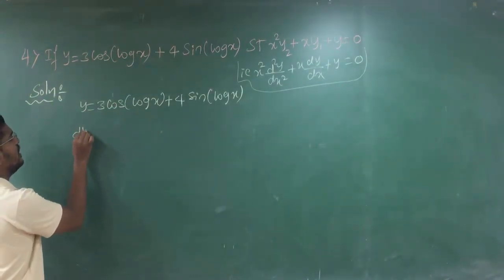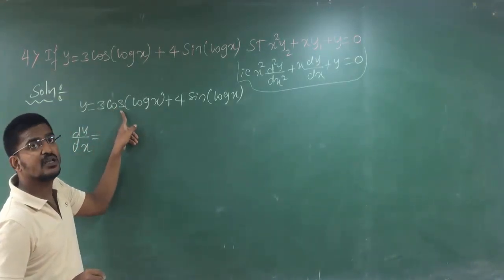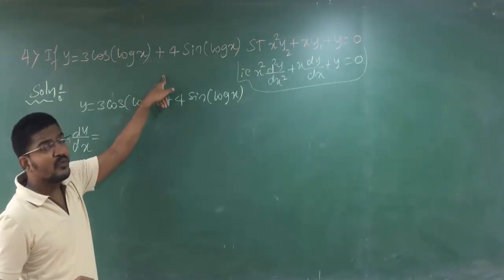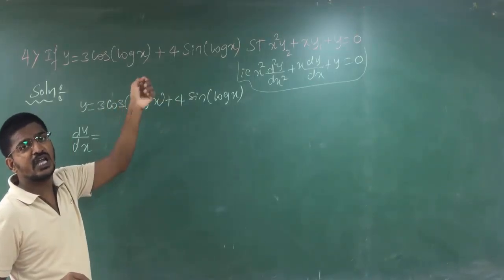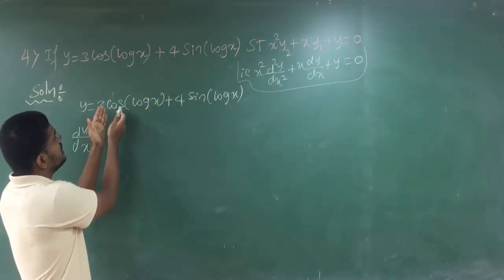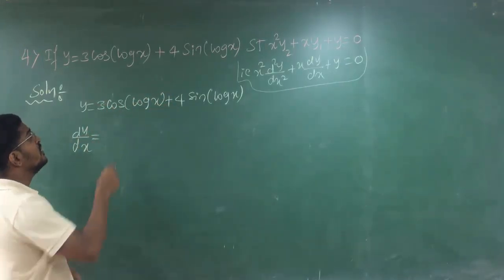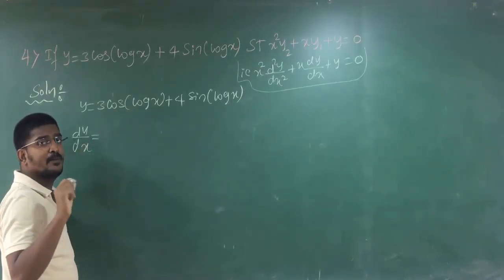That is dy by dx equal to, first, differentiation of cos. Clear? If the power was present, you used to differentiate power first. But if the power is not present, the term which is first, that you have to differentiate. Clear? So what is differentiation of cos? Minus sine.